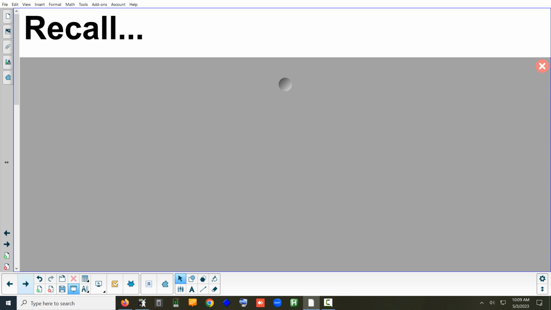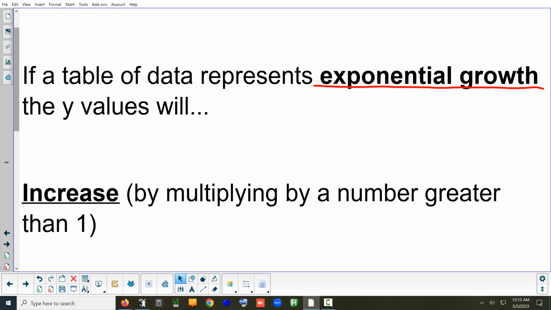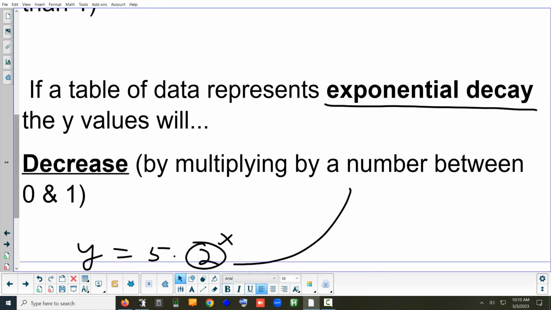Right, so let's flip over to the back of your guided notes. At the bottom of the front, we explained what happens if a table represents growth or a table represents decay.